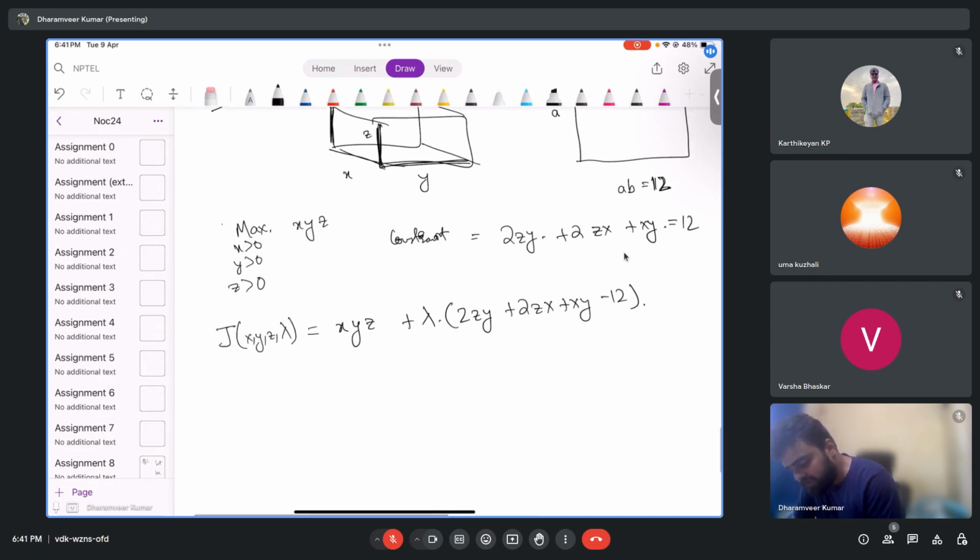So what you do is ∂J/∂x first. That is yz plus 2z lambda plus lambda y.